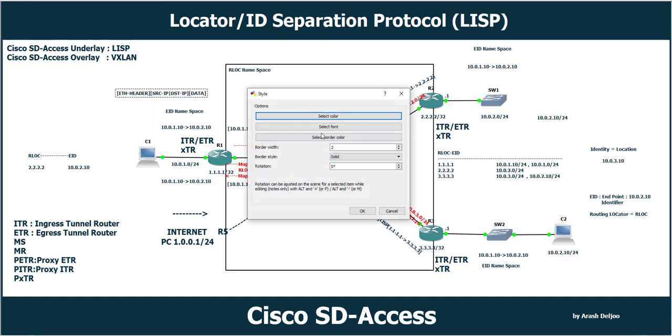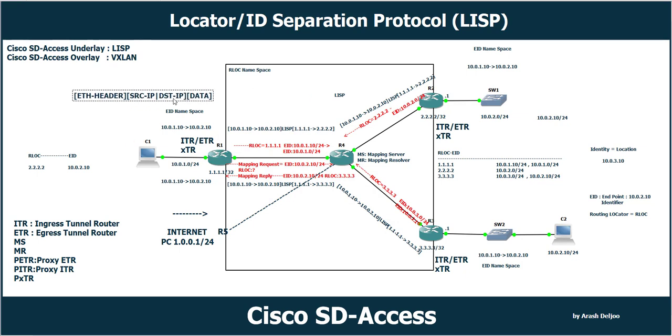But when we encapsulate this packet, we don't encapsulate the Ethernet header. The Ethernet header will be removed, like the GRE protocol in router 1, and only the original packet is encapsulated with the LISP header. This is the LISP header. And after that, the new IP header.